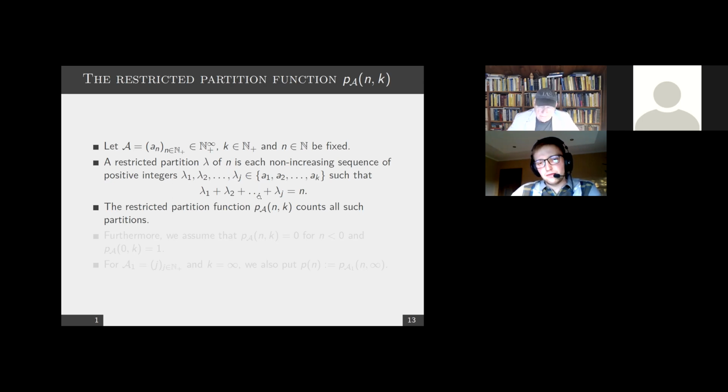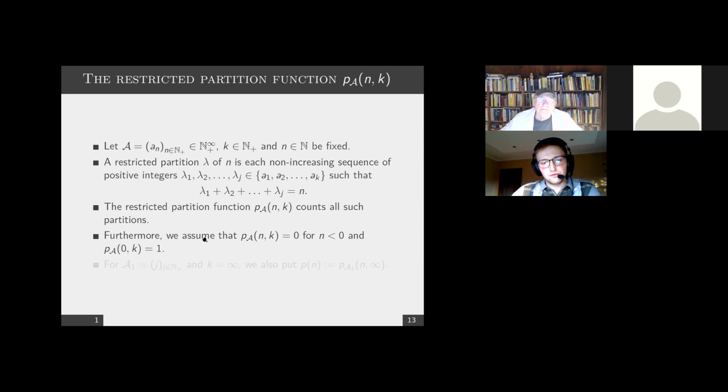Moreover, we may extend the restricted partition function to each integer n in the following way. If n is negative, then we put that P of n, k equals 0. And if n equals 0, then we put that the function equals 1, because the empty partition is the only one in this case.